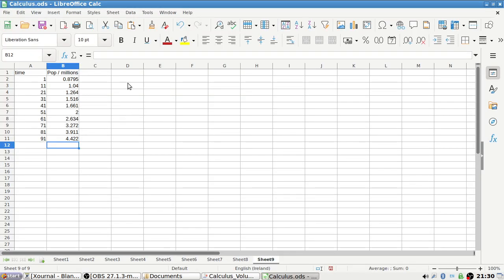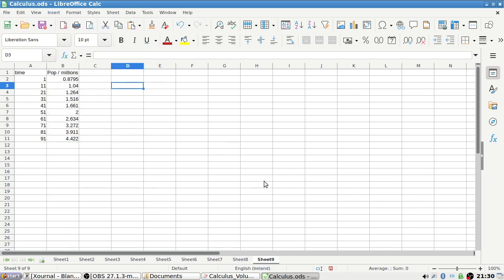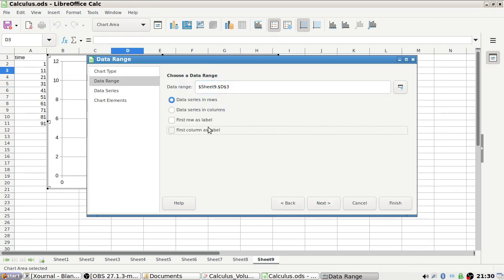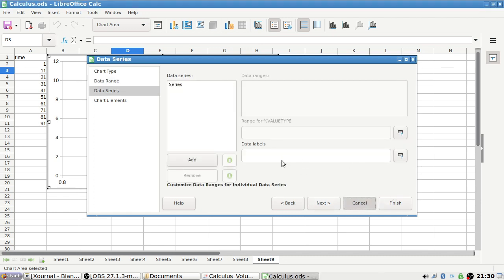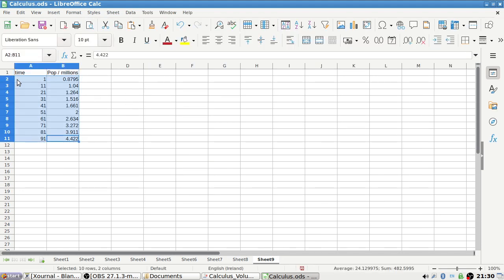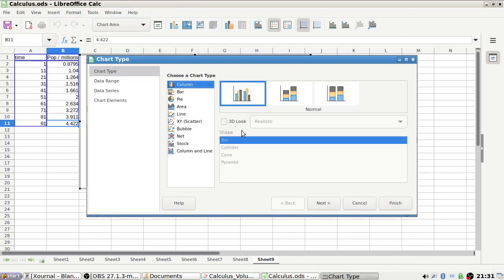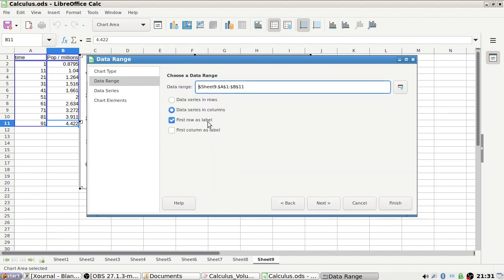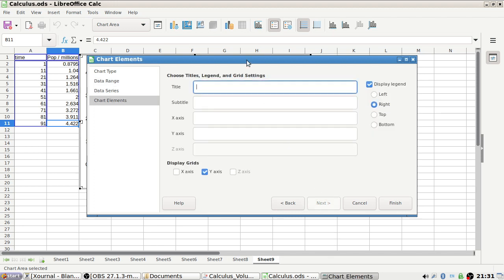Okay, let's make our graph. I think it'd be easier if I highlight the data first. Population versus time.